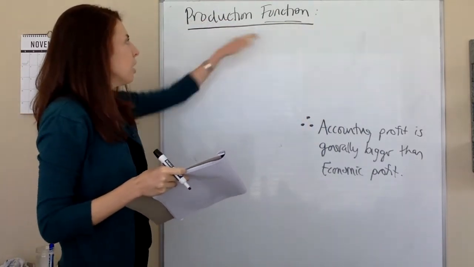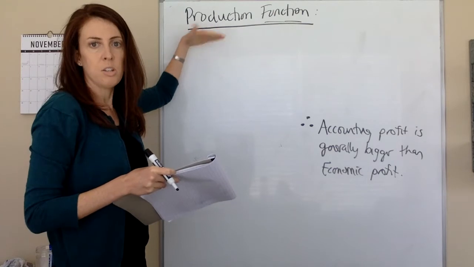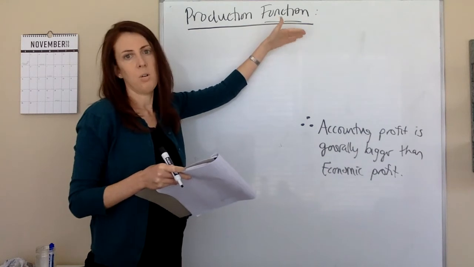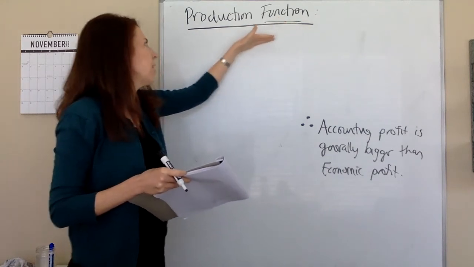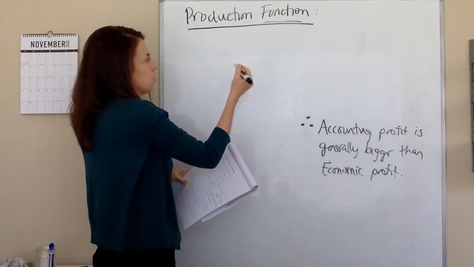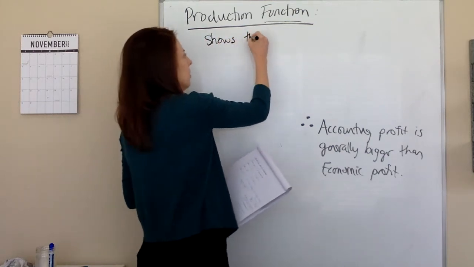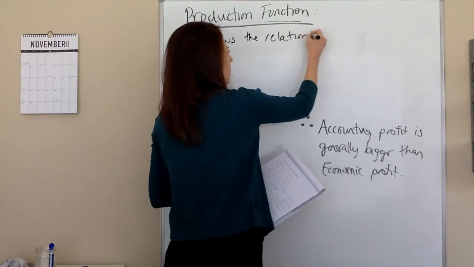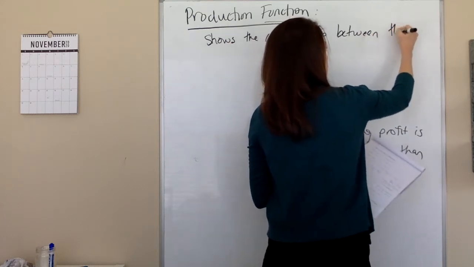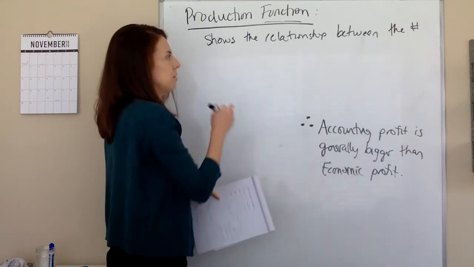And so what a production function is going to do is look at how a firm produces things, like its production, but turn its production into a mathematical equation that says these are the things that impact how much is produced. So technically, the production function shows the relationship between the number of inputs used to make a good and the amount of good that is made.